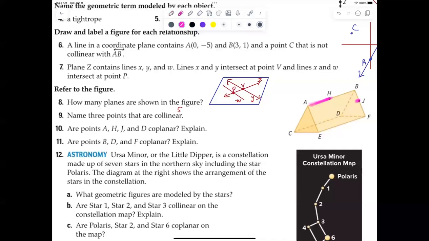No, they're not. D is over here, correct? I don't think they're coplanar because, again, do we agree 3 non-collinear points determine a plane? Everybody hearing me? 3 non-collinear. So if I'm looking at this, I would like everybody to see that A, H, and J form this plane. Do you agree with that?